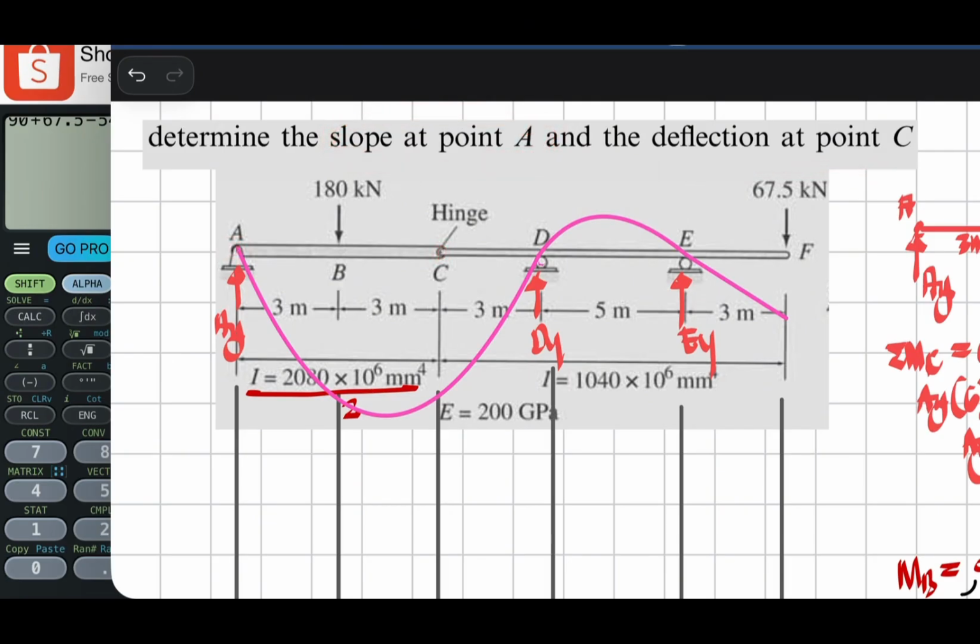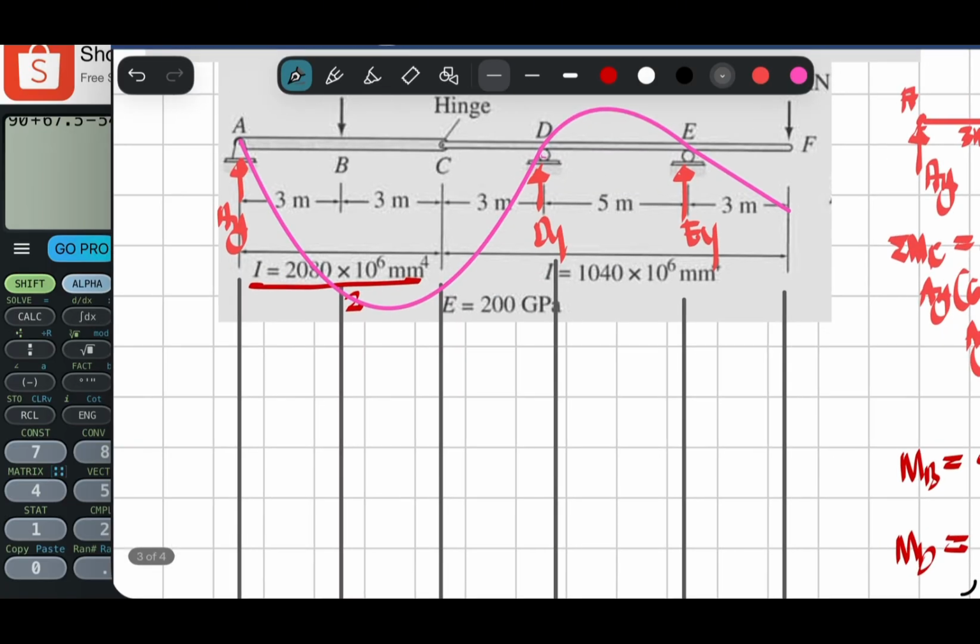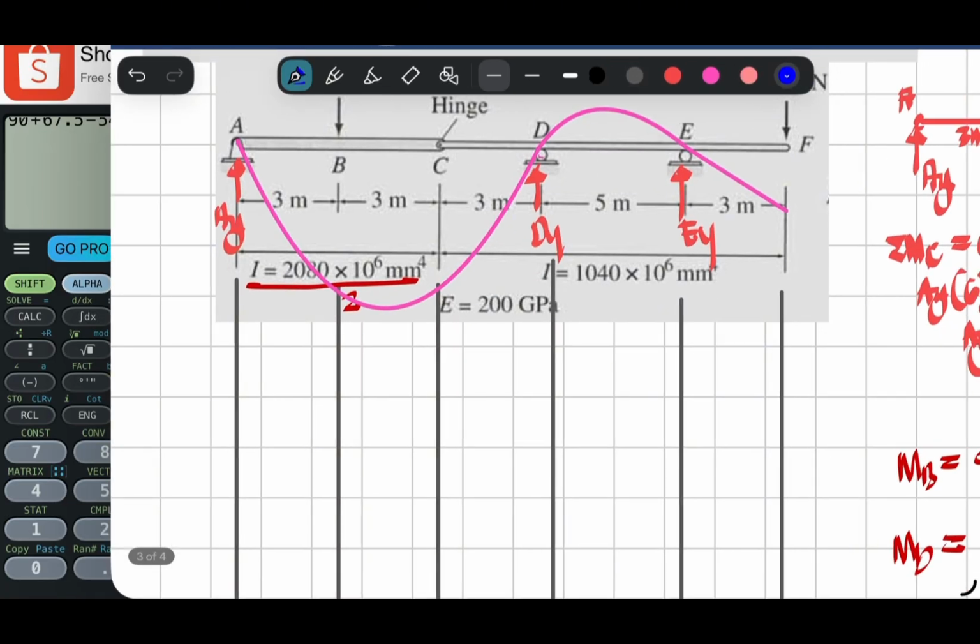Para masolve na to si slope at A, say, mag-sketch daw og elastic curve at point A. Elastic curve. Tangent line from the elastic curve at point A. Moagi ra siya sa point A, ha.